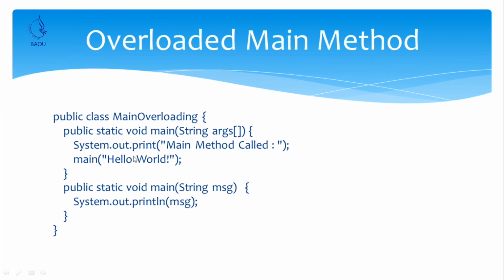We have called this main method inside the standard main definition to display the main method code, and then we call this overloaded method with hello world. So, it displays the main method code and then hello world. So, this is how you can overload the main method if you require.